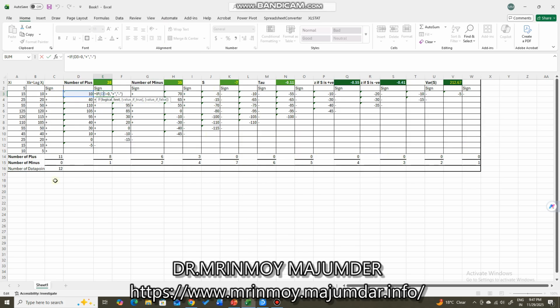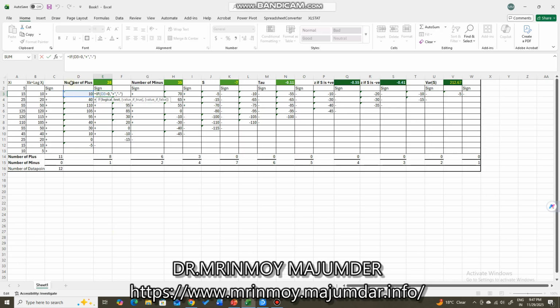And in the case of minuses, the number of minuses for the first column is 0, second column 1, third column 2, then 4, 7, 6, 5, 4, 3, 2, 1. Okay, so these are all my numbers of pluses and minuses.